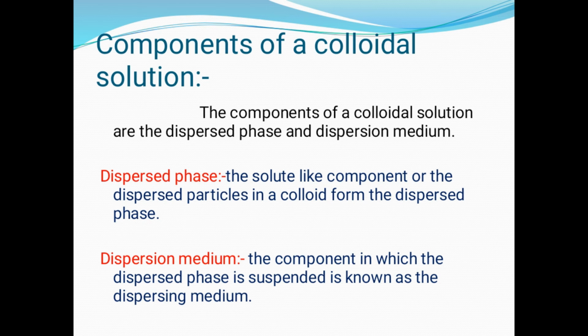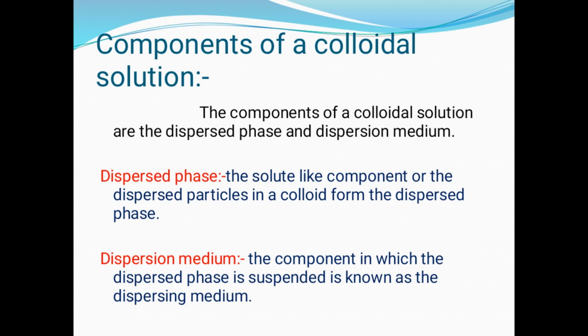So the solute-like components, the dispersed particles in a colloid, form the dispersed phase, and the dispersion medium is the component in which the dispersed phase is suspended. In solutions, solute is the thing which is getting dissolved and solvent is the thing which is dissolving.